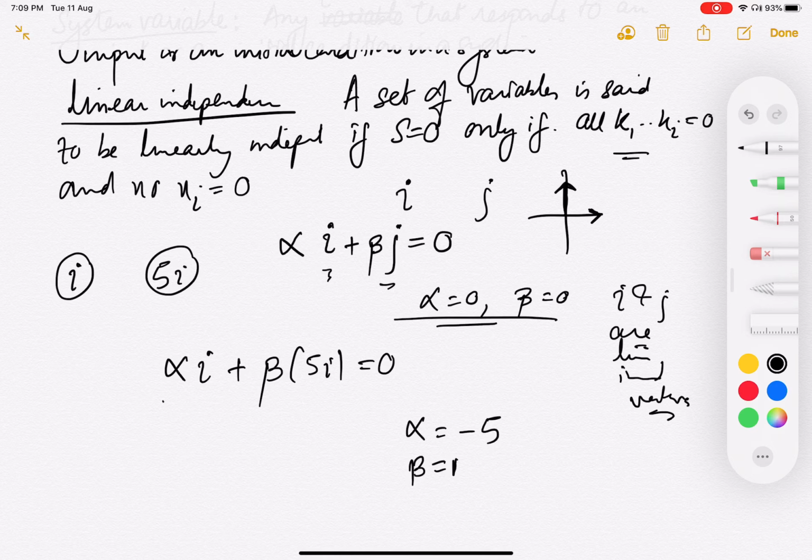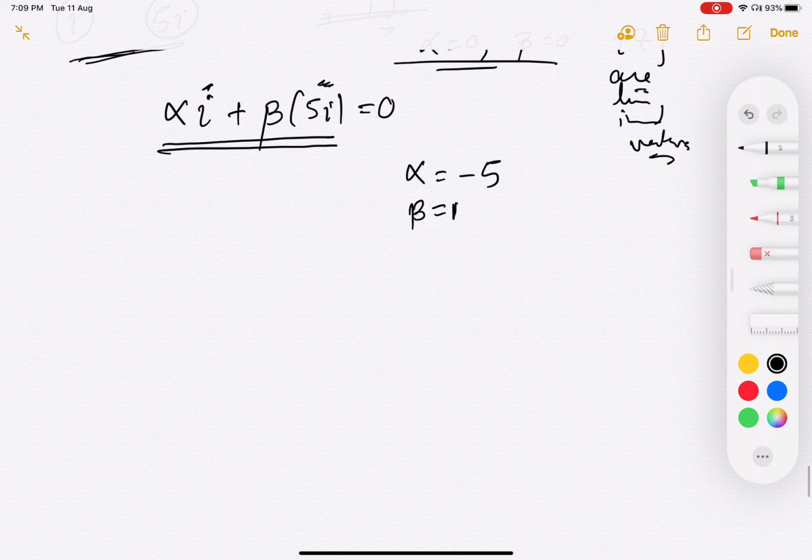So here you are taking a linear combination of two vectors, one is i, the other is 5i, and these two vectors can be combined to give a 0 vector if a certain combination of scalars is taken. So these two vectors are linearly dependent, and the earlier two vectors are linearly independent. Okay, this is just quickly telling you what linear independence means.